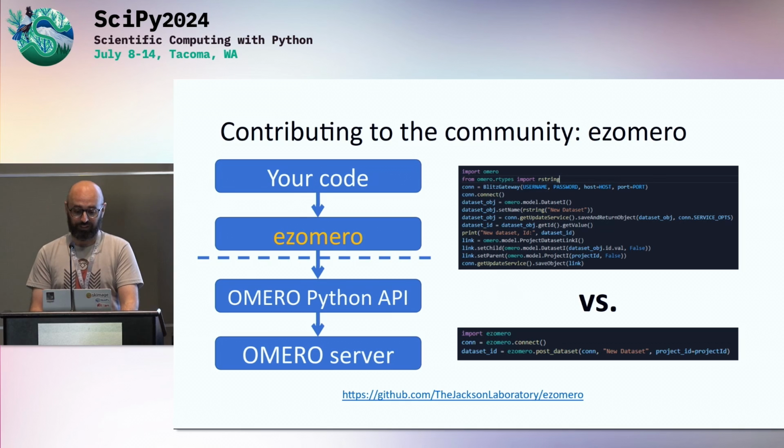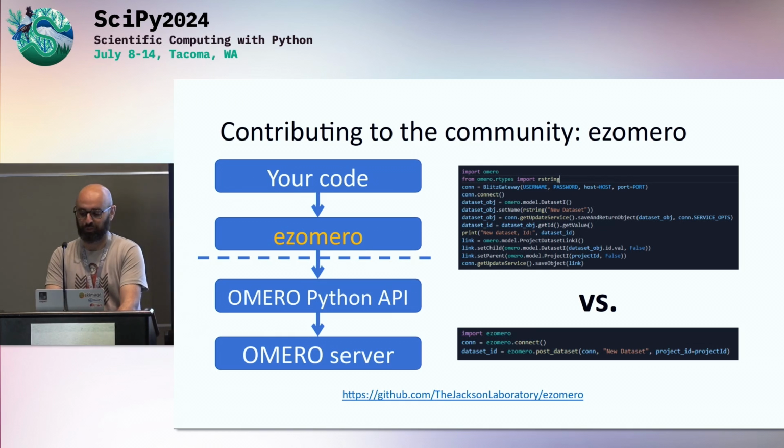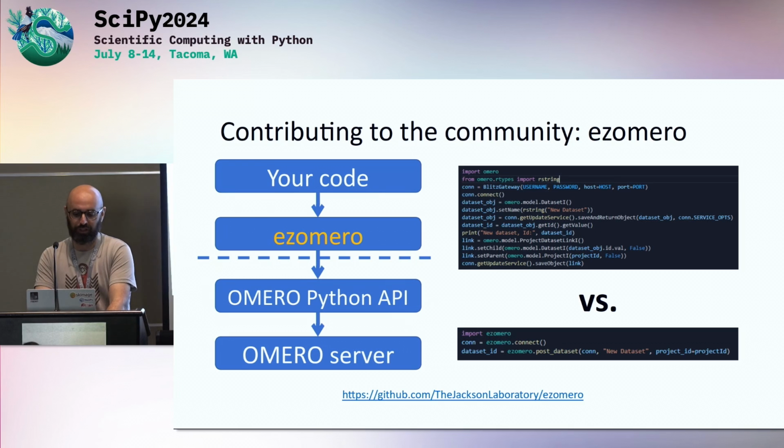And we did it. Essentially, it's a convenience layer library that abstracts and hides a lot of the nuance that you would have in the actual API. The interface is much simpler, much cleaner than the OME provided Python API. The example I have here is code to generate a new data set inside an existing project in Omero, which is a pretty common thing you might want to do.